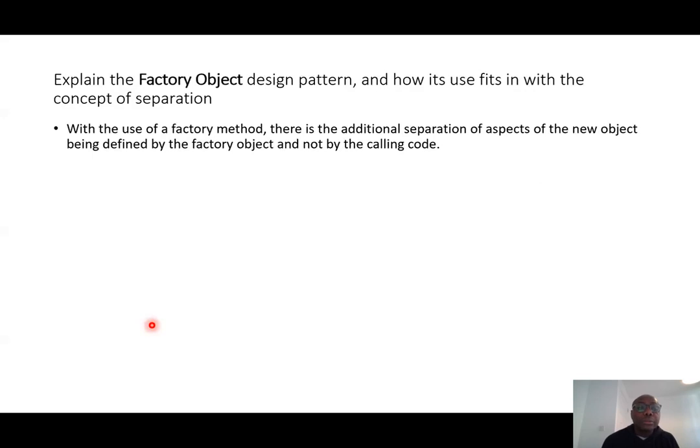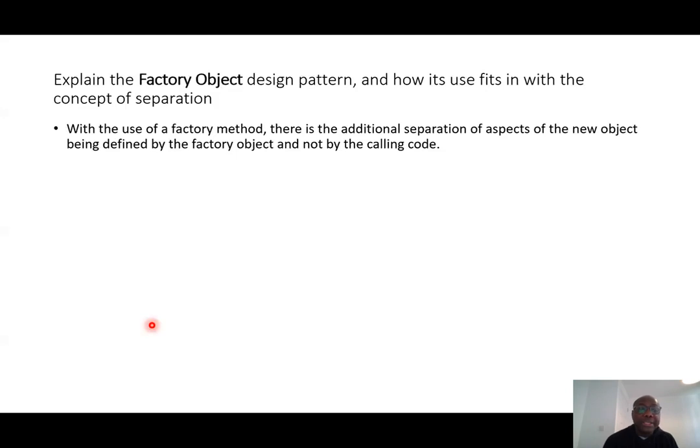Now another question. Explain the factory object design pattern and how its use fits in with the concept of separation. Of course, it's the same question, but we're still explaining it. With the use of a factory method, there is the additional separation of aspects of the new object being defined by the factory object and not by the calling code.